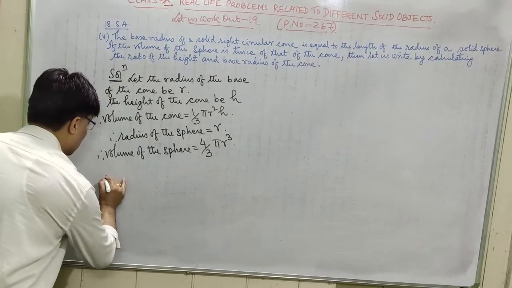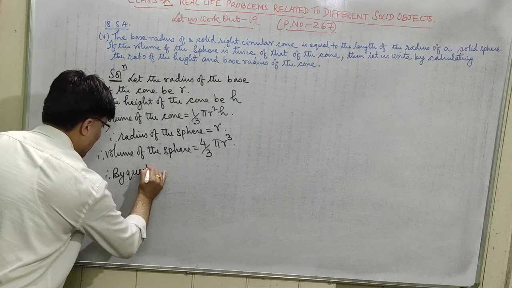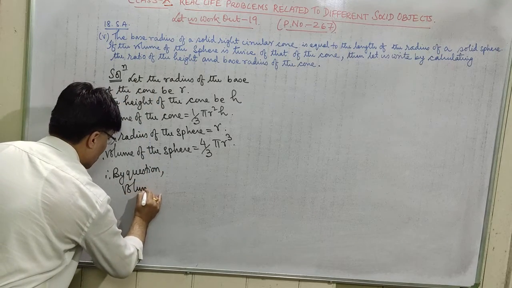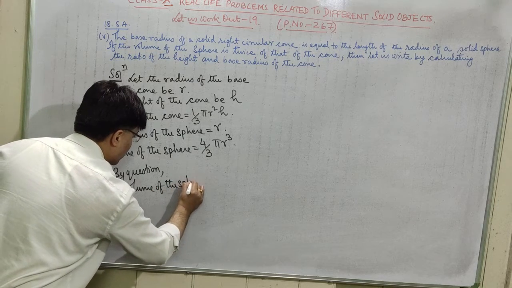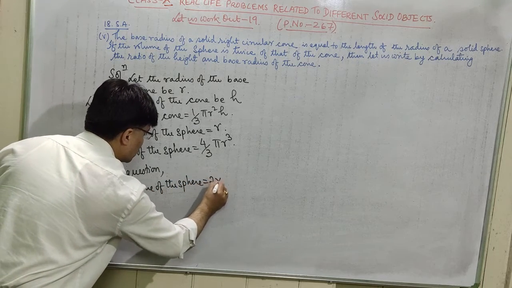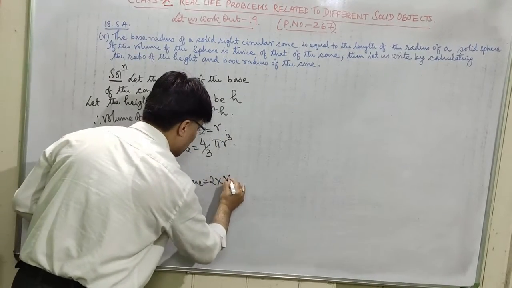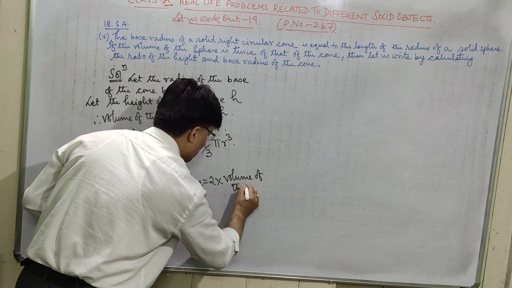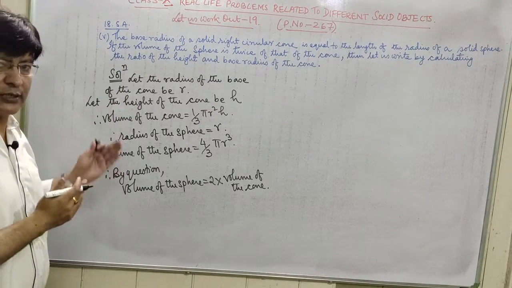So let us write here, by question, the volume of the sphere is equal to 2 into the volume of the cone. This condition is given in the question.